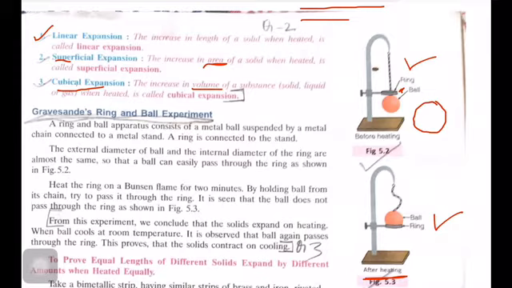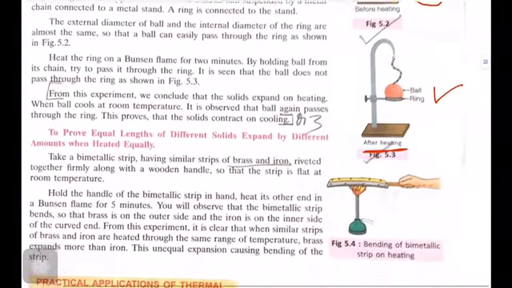We heated this ball for 2 minutes on the Bunsen flame, and the same ball which was passing through the ring earlier is not able to pass. That means its size has increased. That shows the effect of heat on different objects, metals.